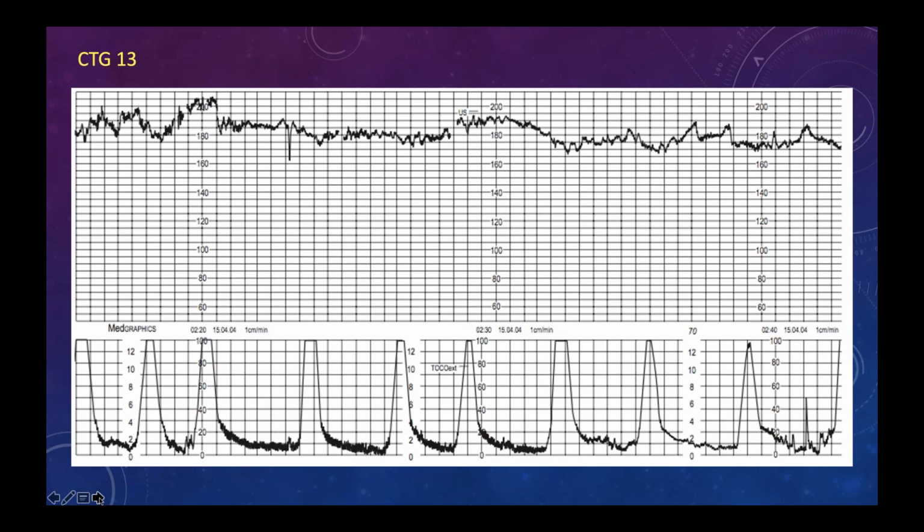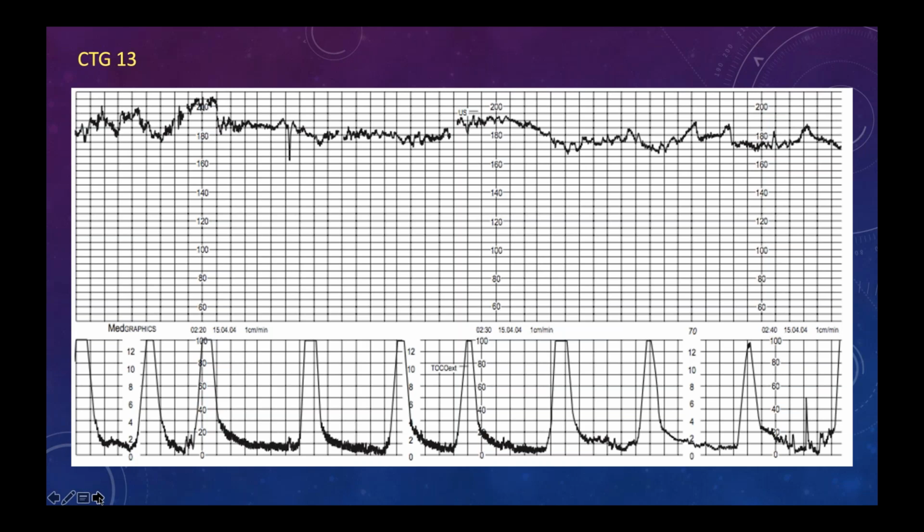This is defining risk. Contractions are between these two. We have 1, 2, 3, 4 contractions, and they are all lasting for more than 45 seconds, almost a minute.